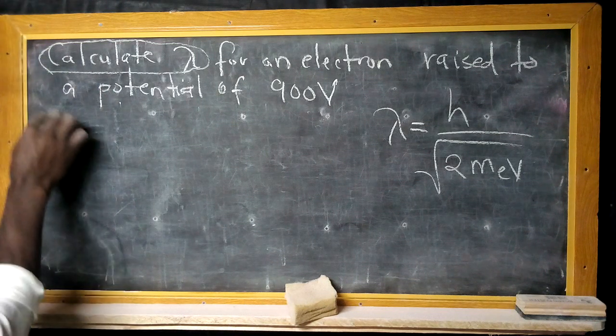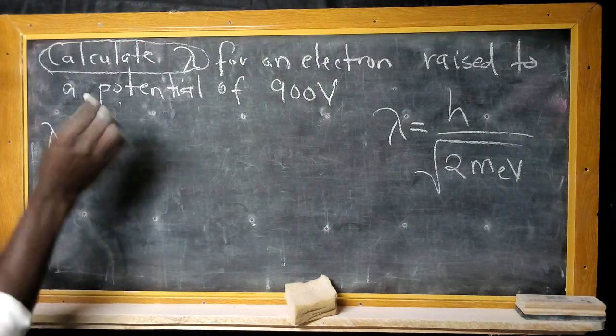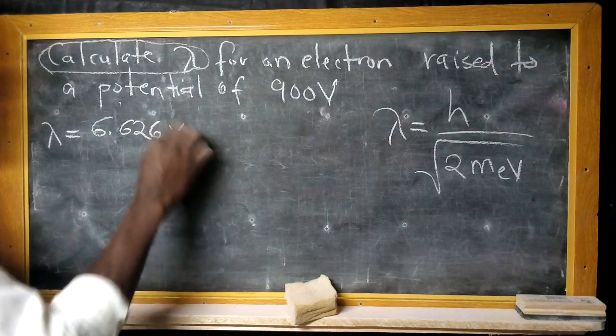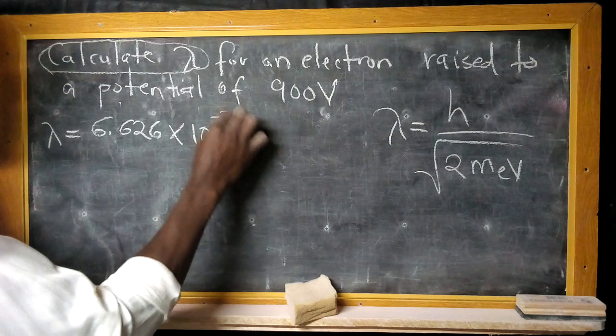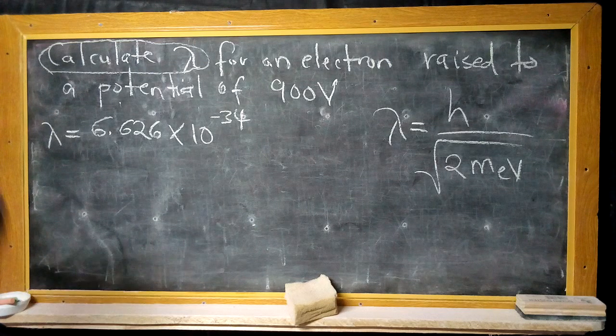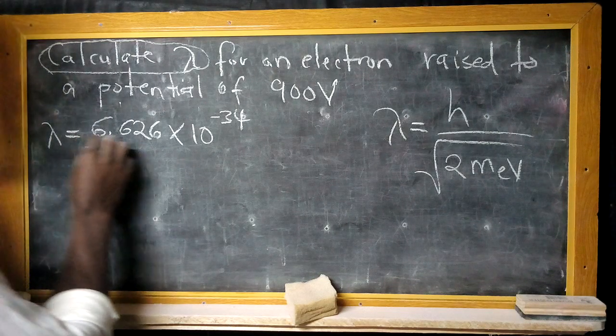So let's write lambda equals Planck's constant. We know the value is 6.626, but it is always encouraged that you use the constant you have been given, since some problems may be accompanied by a constant.